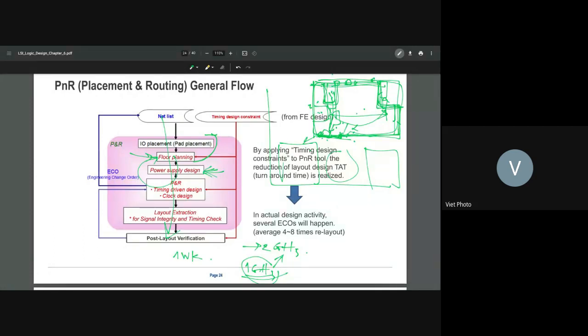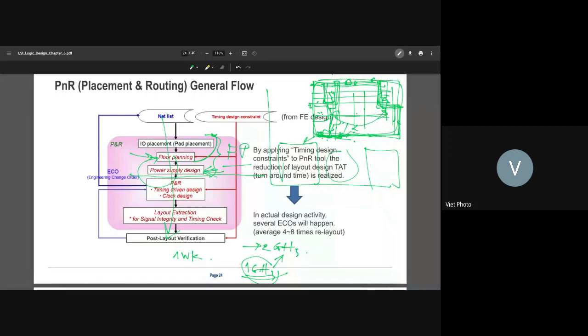The power supply means the power grid. You put the power grid so that it provides the voltage to the cells. This power supply, these three basically are the floor plan steps. Then it's done.